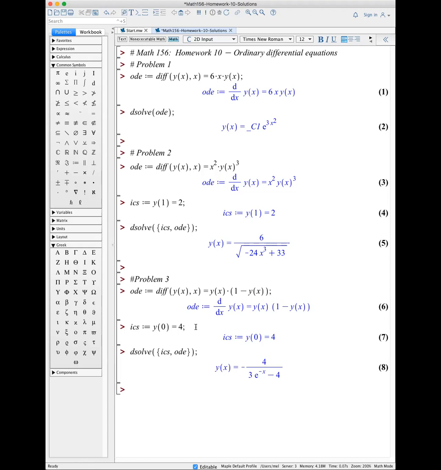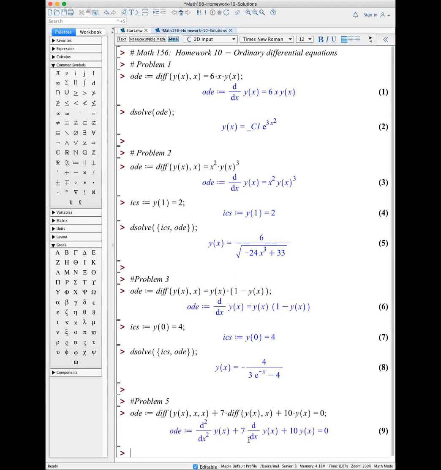So let me just jump to problem 5, because that involves a second order differential equation. In this case, it's the second derivative plus 7 times the first derivative plus 10 times y of x equals 0.